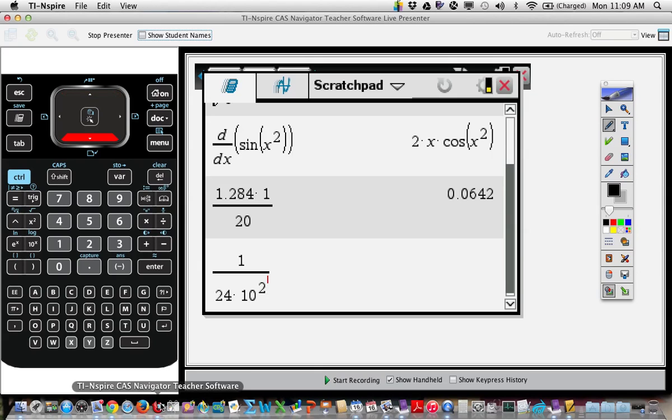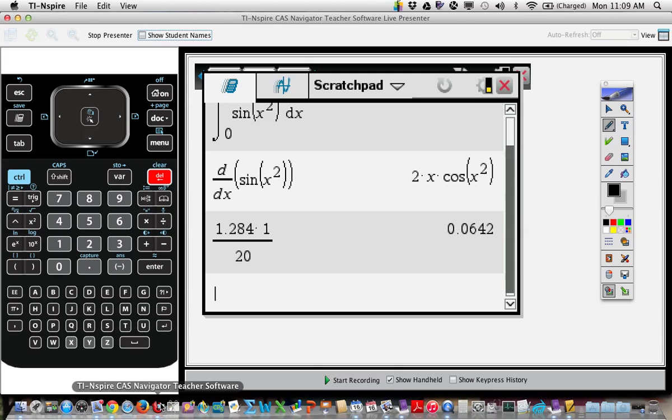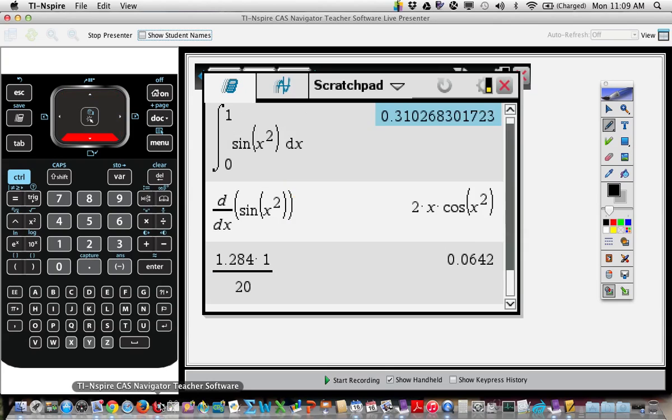This is a fun one to come in the middle of, isn't it? So K2 is the max of the absolute value of f double prime. So we need f double prime. Now we already got f prime, so we can go up to there and grab it.